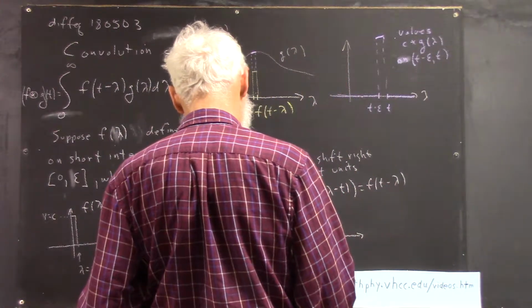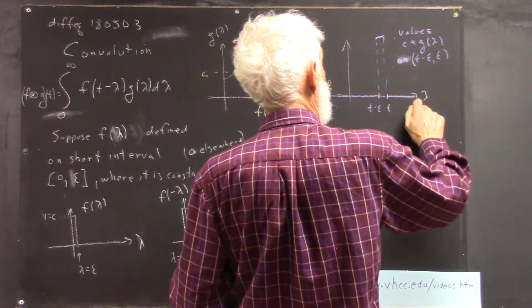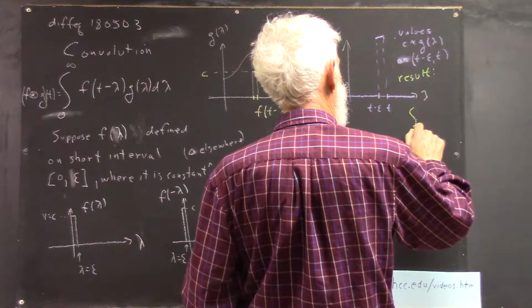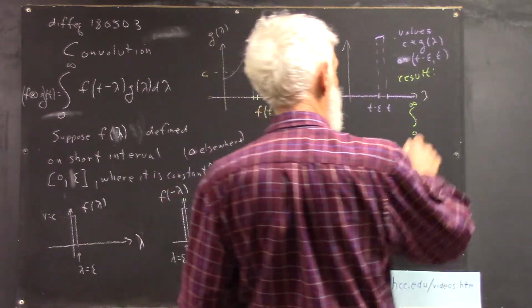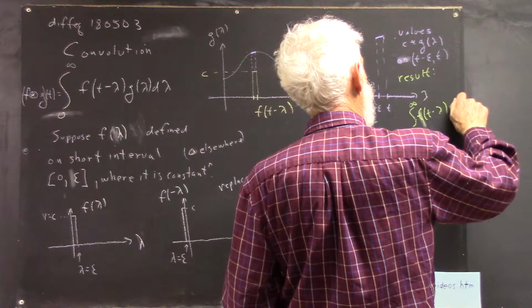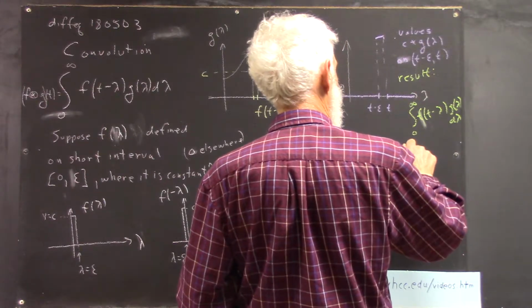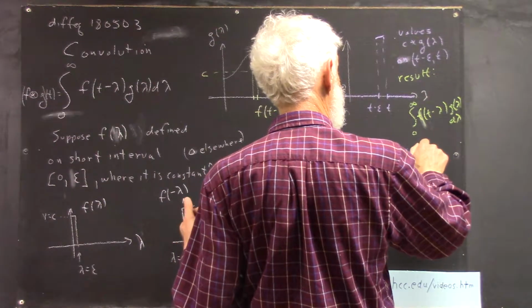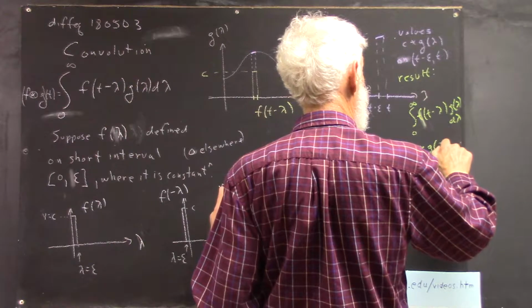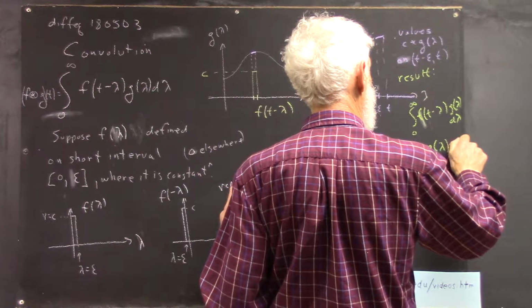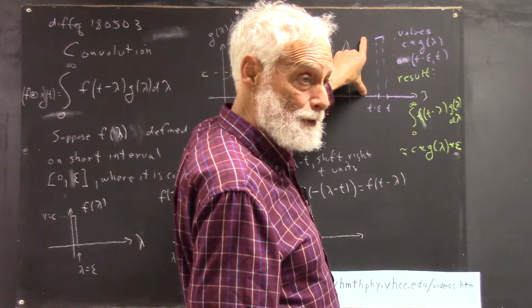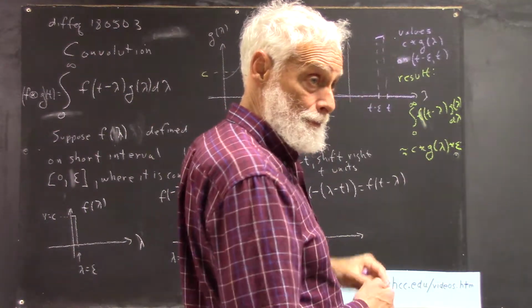The result is that the integral from 0 to infinity of f of t minus lambda g of lambda d lambda is approximately equal to c times g of lambda, the altitude of this interval, times this width.